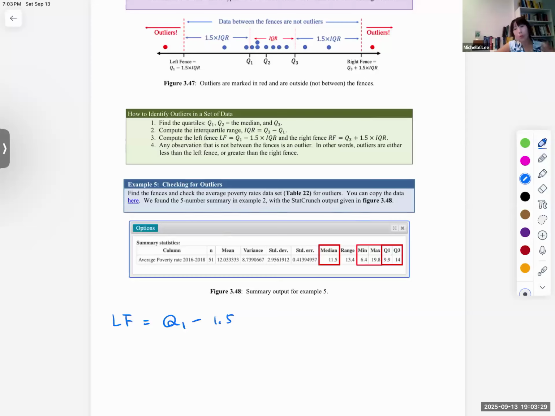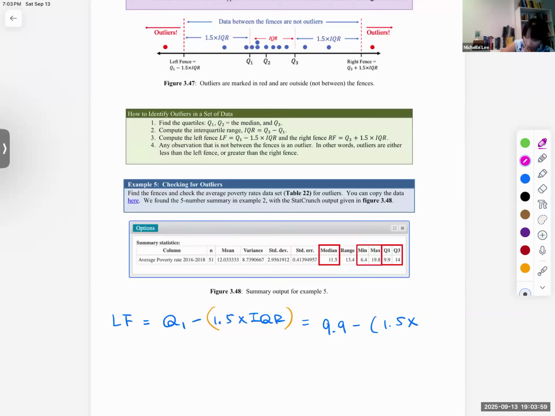If you want to use a calculator, please make a parenthesis when you do the calculation, right? All right. So we have Q sub 1, which is 9.9, minus 1.5 times IQR. Oh, we don't have IQR. Sorry about that. Let's find IQR.